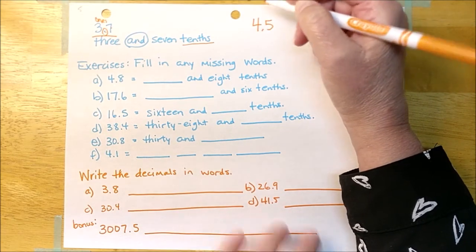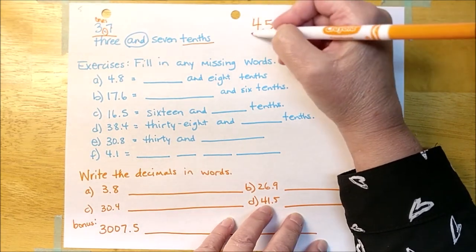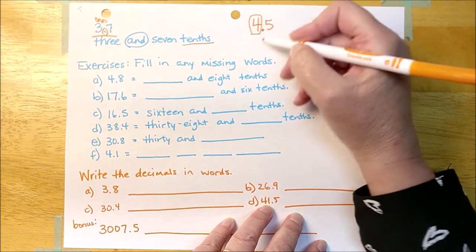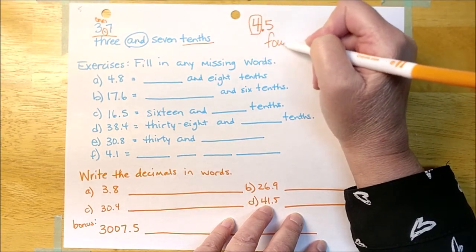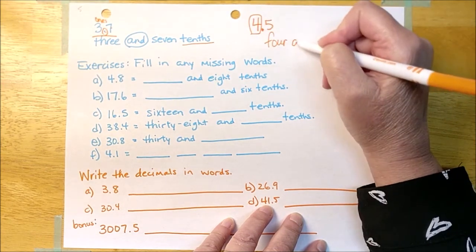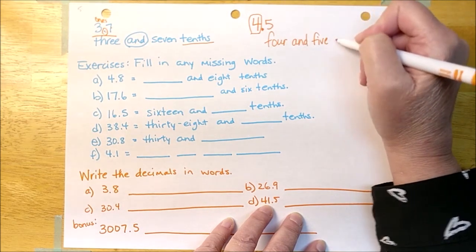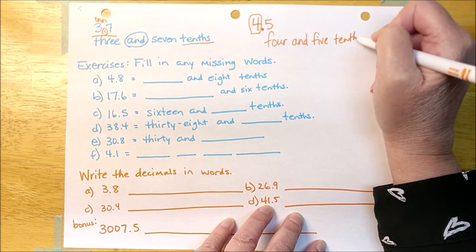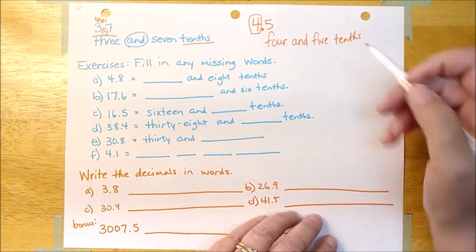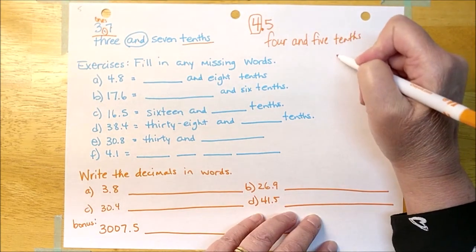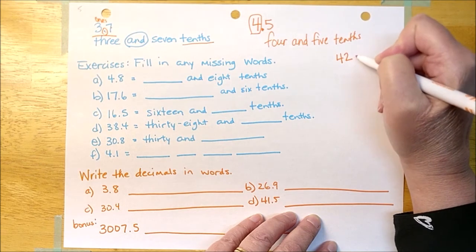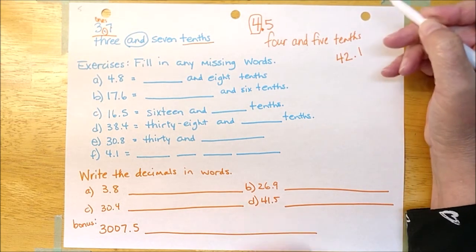So if this was my number 4.5, I would say my whole numbers in front, how many whole ones do I have? That's 4. Then I have my decimal, and I have 5/10. I could do this one, but I go this 42.1.